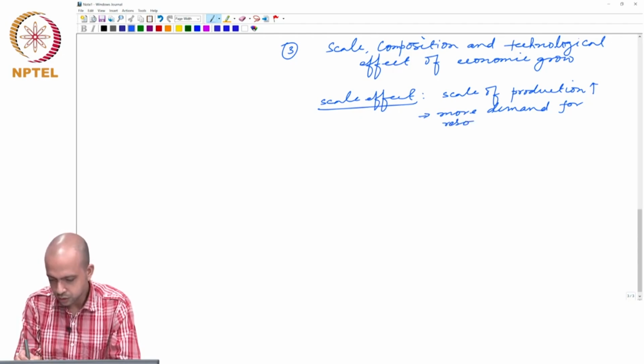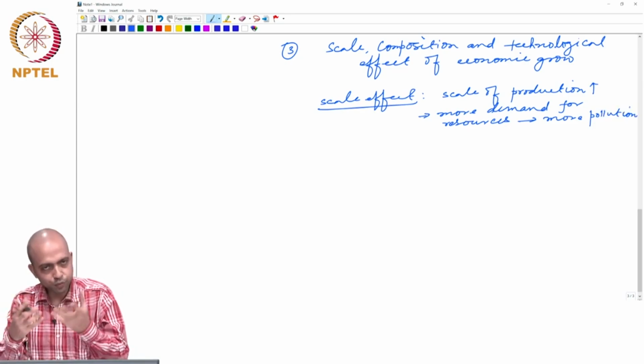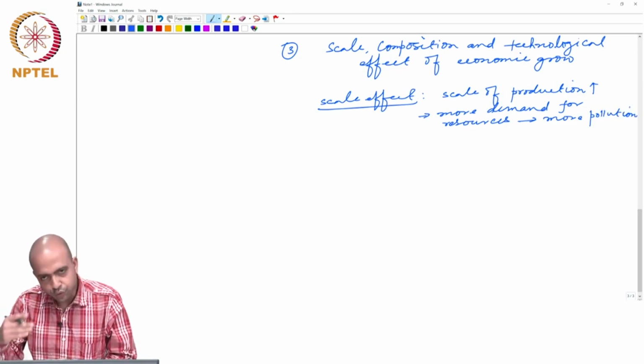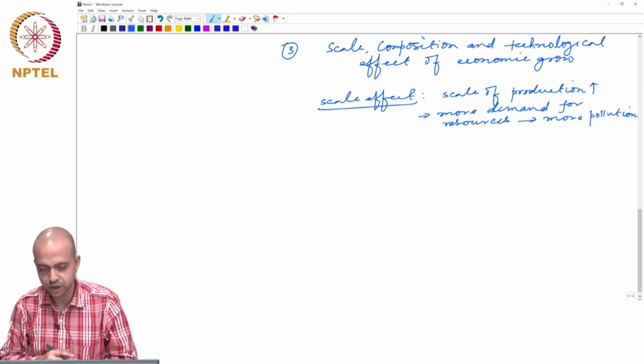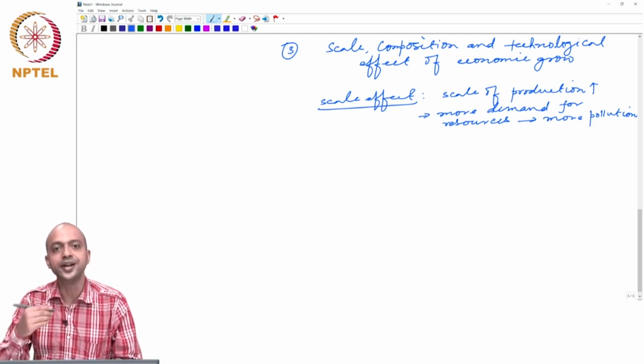resources, and that again leads to more pollution also. We will extract more resource from the environment, we will generate more pollution as well. So, scale effect of growth is actually negative.